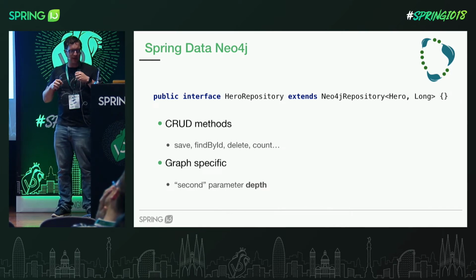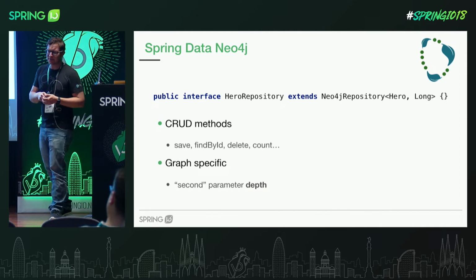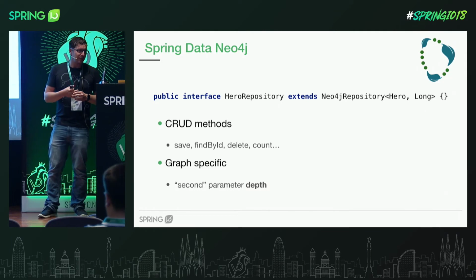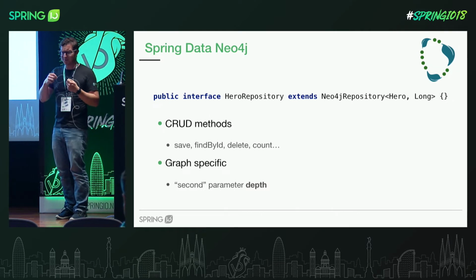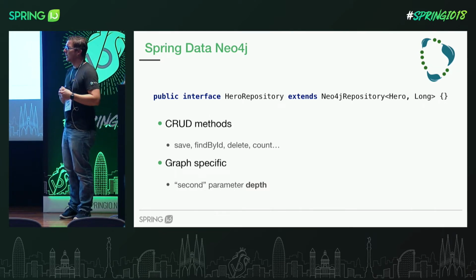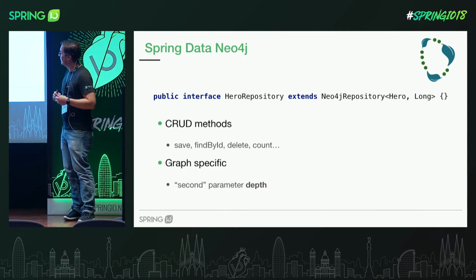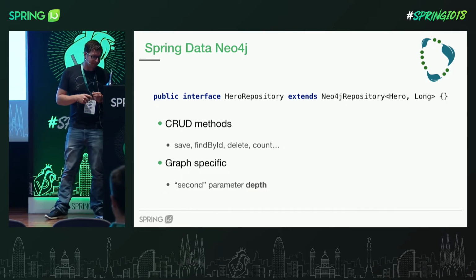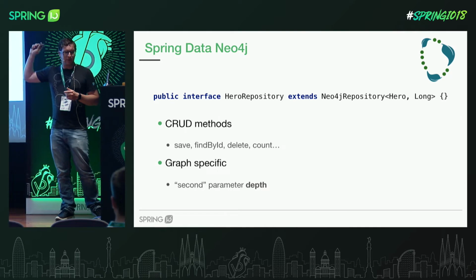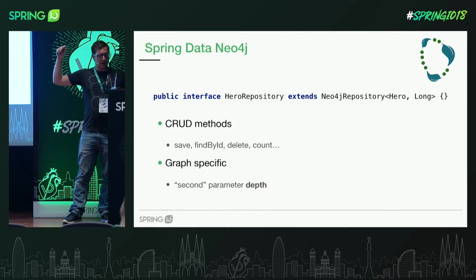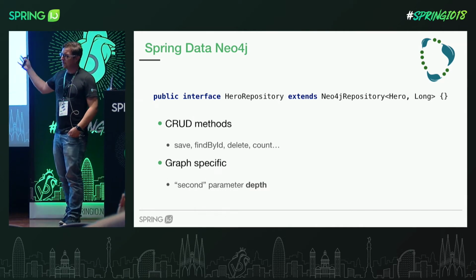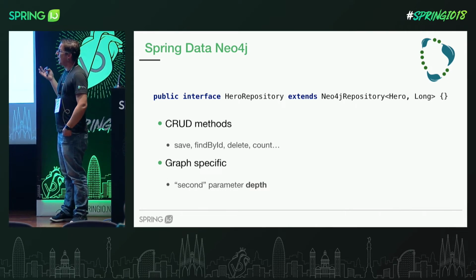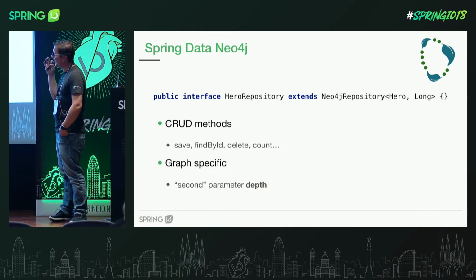You could use the commons repository to derive from, and we will interpret it as a graph repository, but you get more flexibility, special graph functions, if you derive from the Neo4j repository. The type for our sample is a hero, identified by a type long, and out of the box we get all the CRUD methods. You know that, as I just saw.